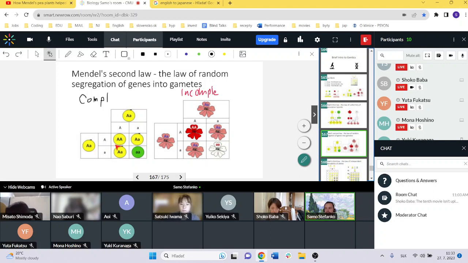Therefore, there is genotypic and consequently phenotypic segregation. What does it mean? If we combine dominant allele with dominant allele from both heterozygotes, we have one dominant homozygous. Okay? If we combine one recessive allele with one dominant allele, we have one heterozygous.